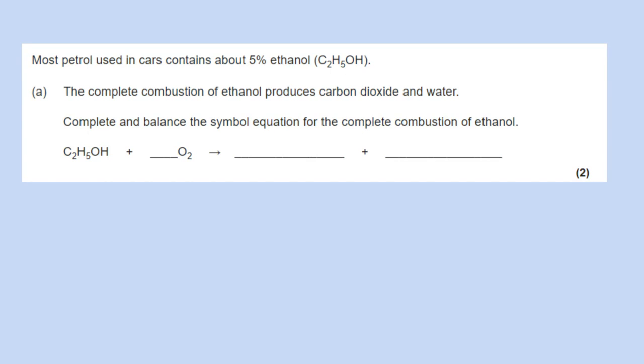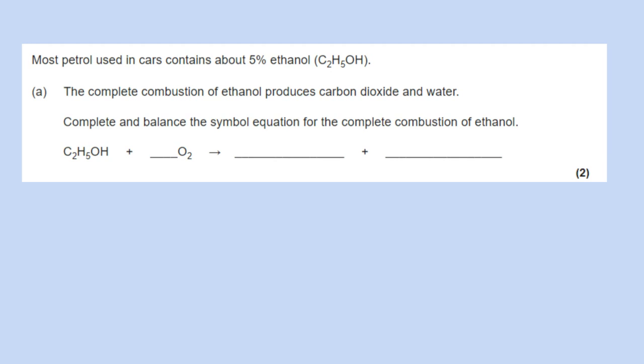They might also get you to fill in a balanced symbol equation. Now this question is saying carbon dioxide and water are produced, so you just have to remember their formula, so CO2 and H2O. But they are asking you to balance it as well.